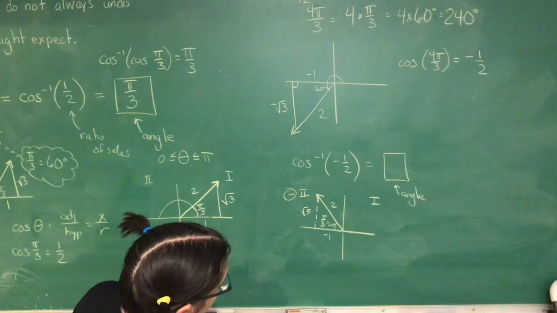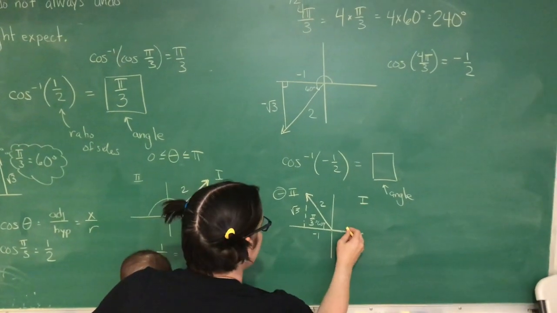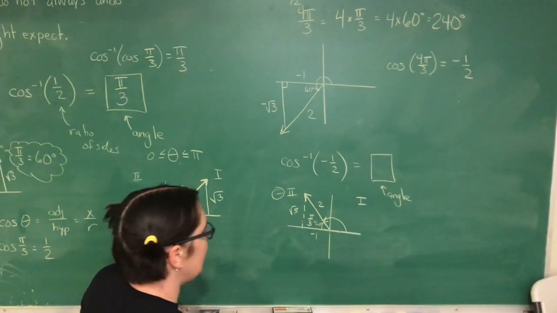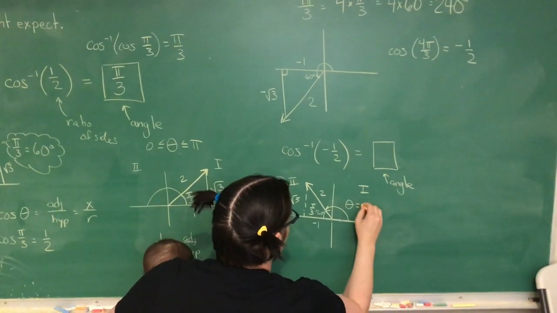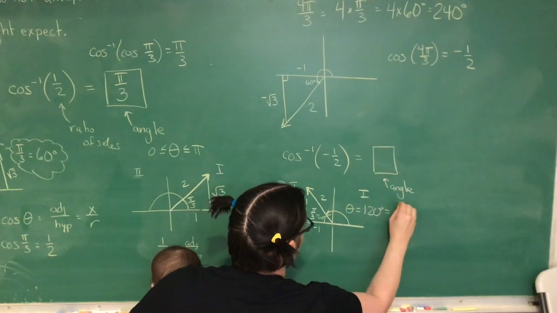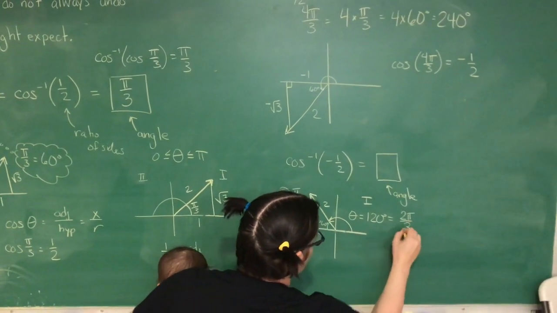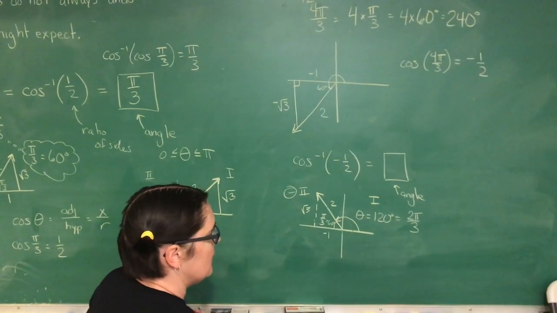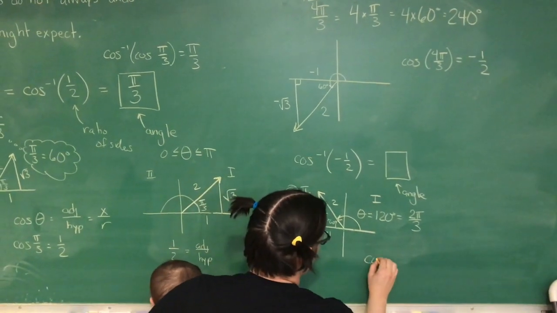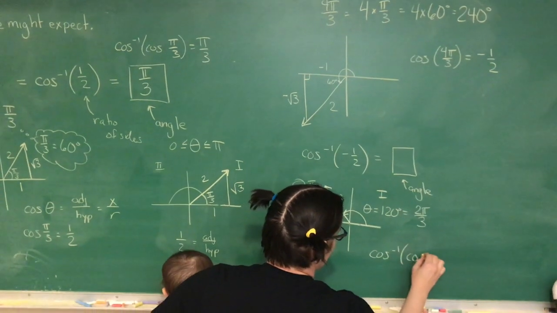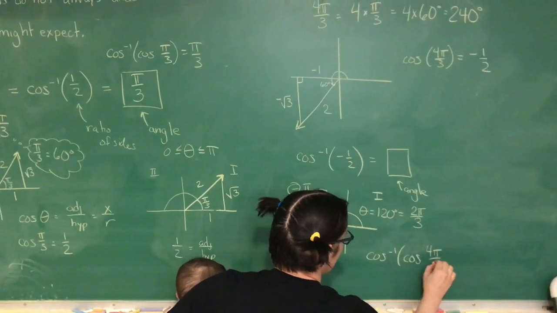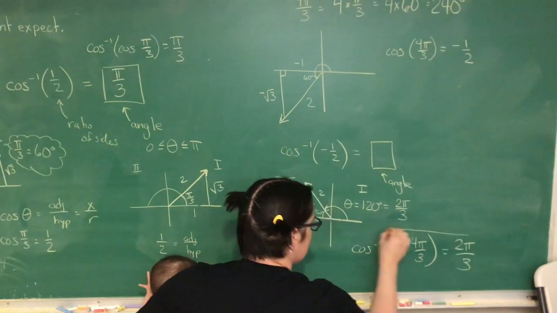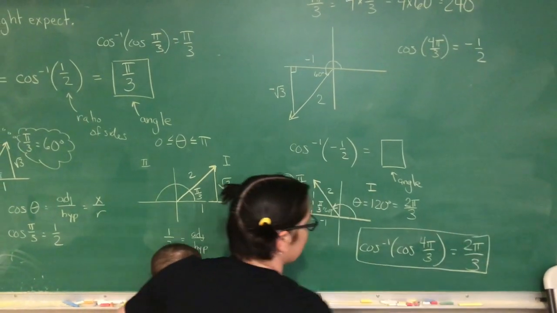So my angle now is an angle that's 60 degrees short of 180. So this angle is 120 degrees, or 2 pi over 3 radians. Okay, so what that tells me is that inverse cosine of cosine of 4 pi over 3 is equal to 2 pi over 3, which is not the same as what we started with.